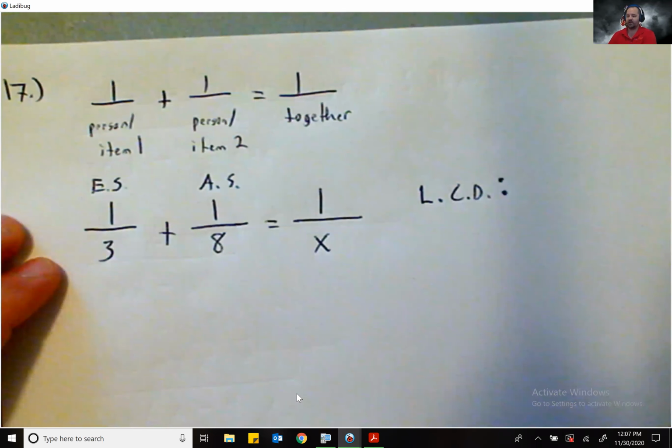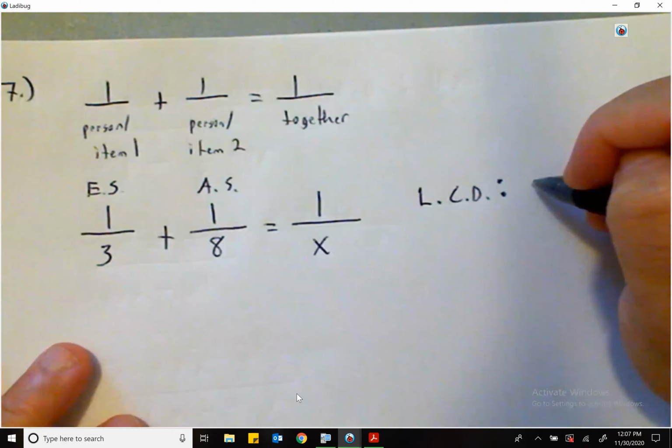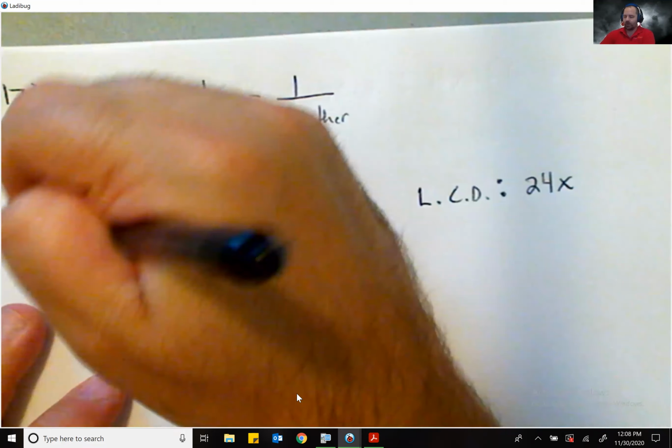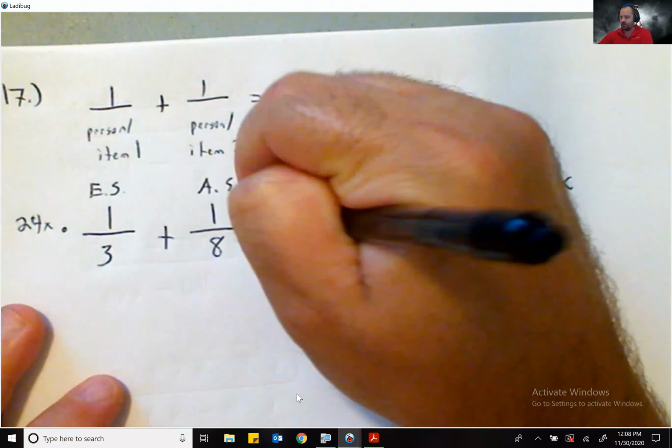What's going to be the LCD between 3, 8, and x? 32x. 32 would work, but we can go even smaller. 24x is the better number, but don't get me wrong, 32 will work. So play Oprah again: you get 24x, and you get 24x, and you get 24x.